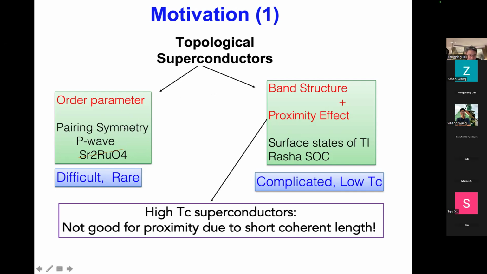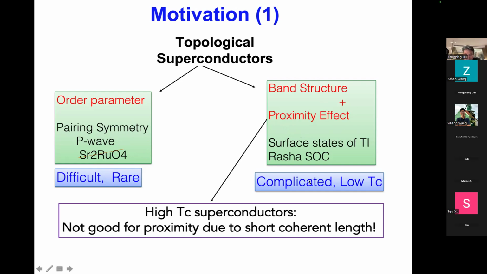Either you find a p-wave paired material, like in the early days when there was a lot of study on strontium ruthenate. But now we know that strontium ruthenate is not a p-wave superconductor. In nature, trying to find a p-wave paired superconductor is really difficult and rare. So far, we haven't identified a single one which has definite p-wave paired superconductivity.